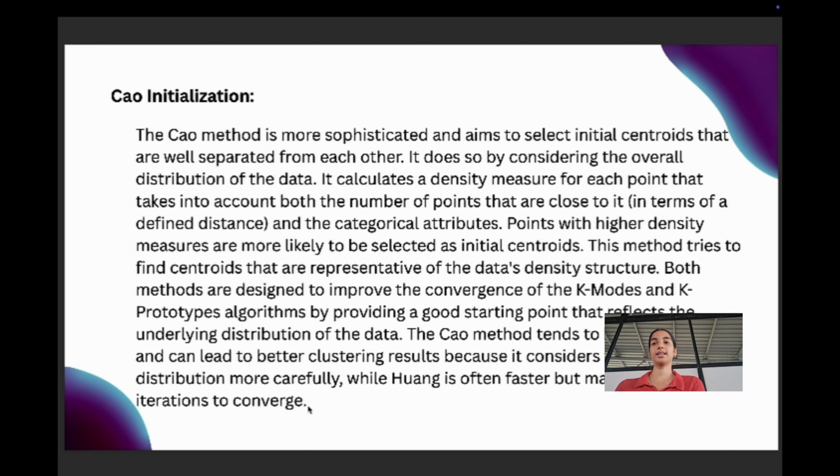Points with higher density measures are more likely to be selected as initial centroids. This method tries to find centroids that are representative of the data's density structure. Both methods are designed to improve the convergence of the K-modes and K-prototypes algorithms by providing a good starting point that reflects the underlying distribution of the data.